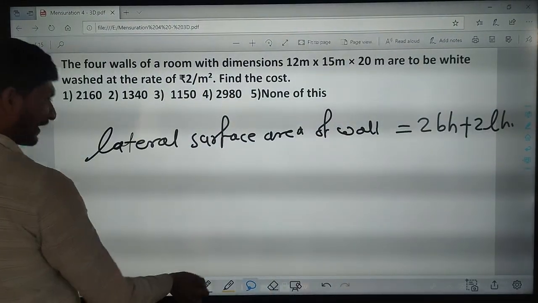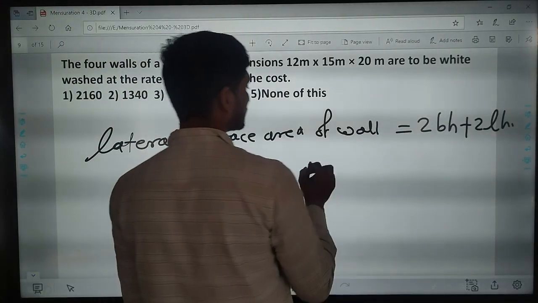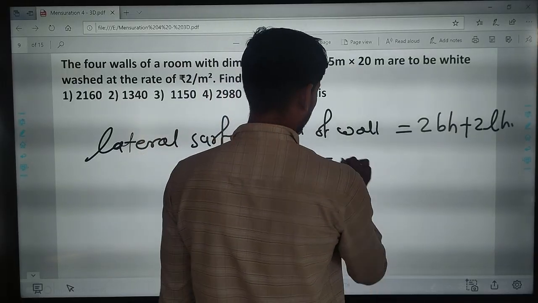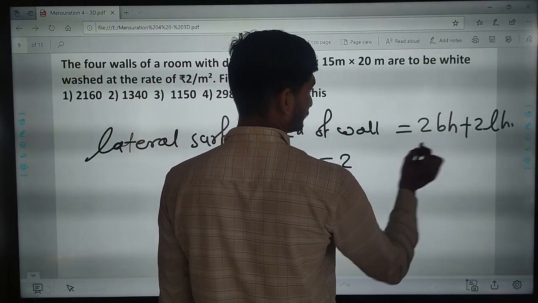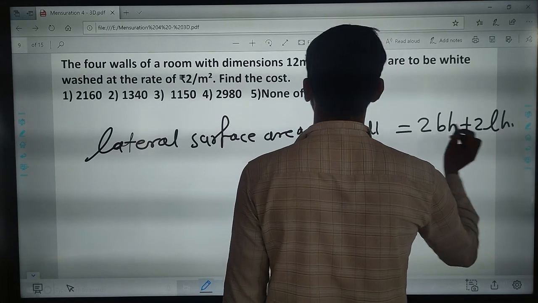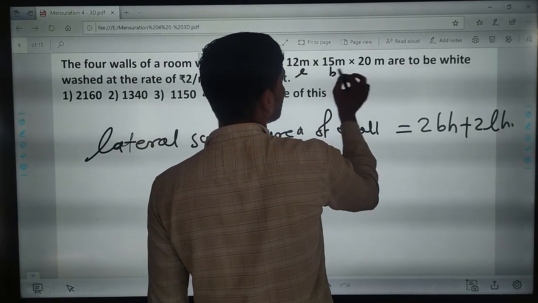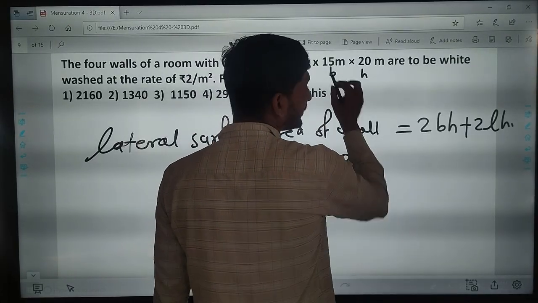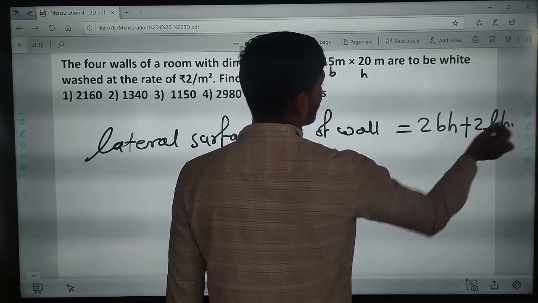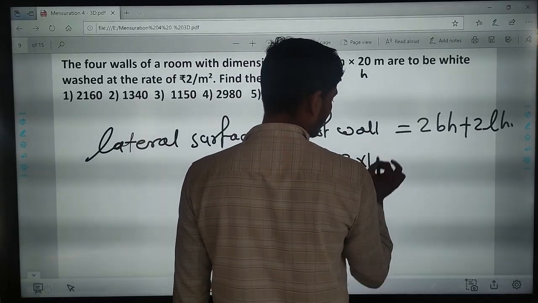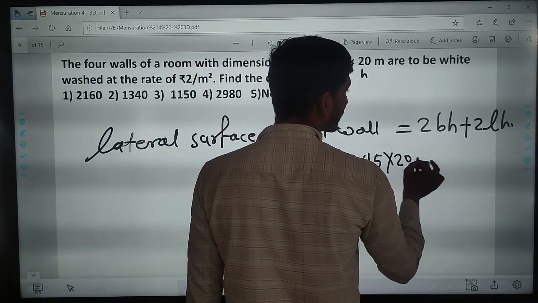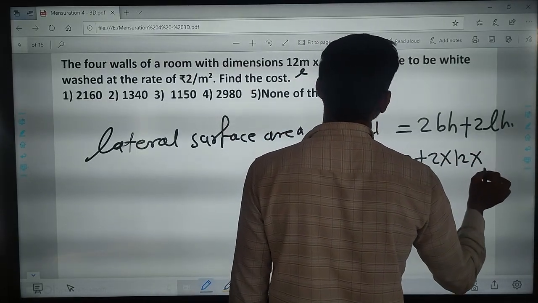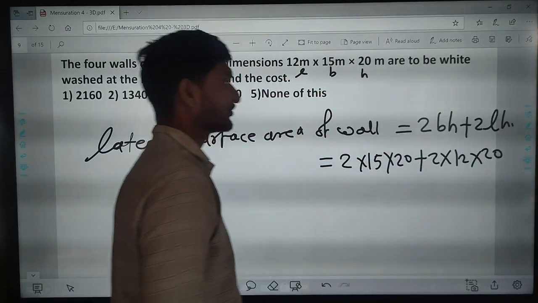Now we find firstly the lateral surface area of the wall: 2 into L, B, H. Here the value of B is 15, H is 20, plus twice L is 12, H is 20.